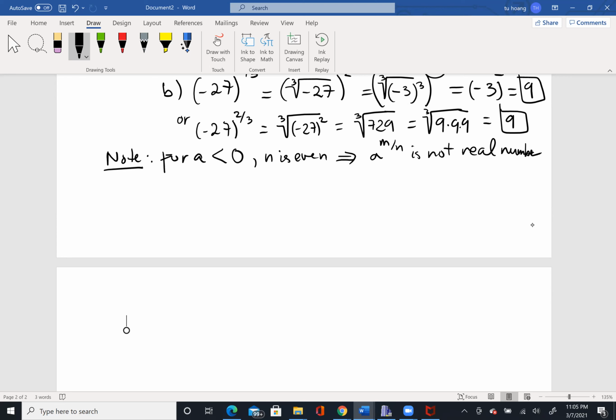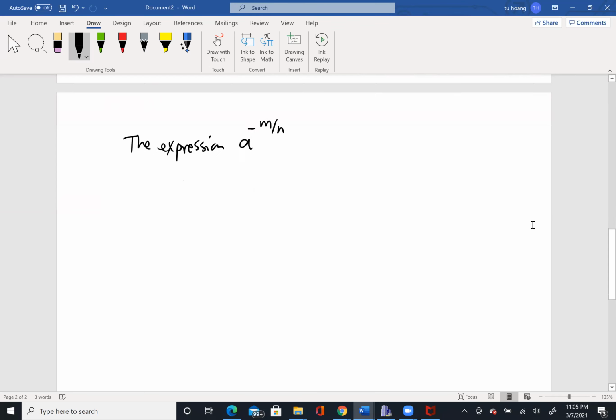Let's move to another expression. Say the expression a to negative m over n. What happened with this form? Okay.